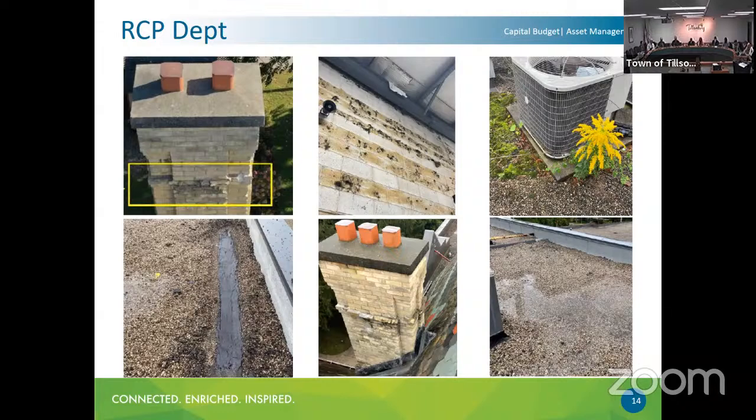The next photo to the right is at the Public Works building and some of the roof leaking that's happening. You can see the dilapidation on the materials coming from the roof membrane. To the right of that, we have vegetation growing on our museum roof.